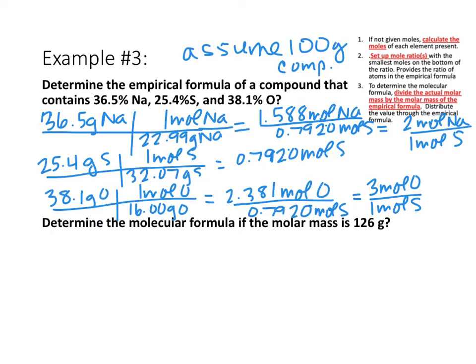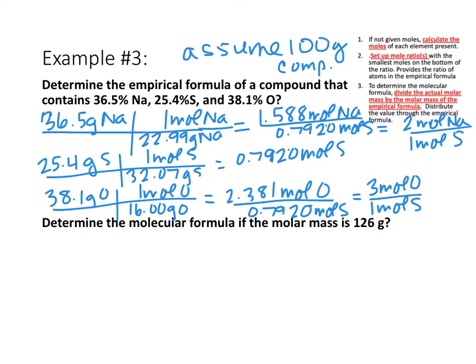And if I have 2 moles of sodium to 1 mole of sulfur and 3 moles of oxygen to 1 mole of sulfur, can I then say I have 2 moles of sodium to 3 moles of oxygen? And the answer is yes. So we now know all of the mole ratios. We know all of the ratios of atoms in our compound, so we're ready to write our empirical formula.